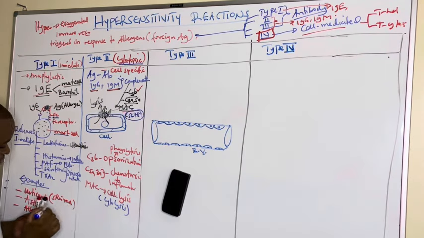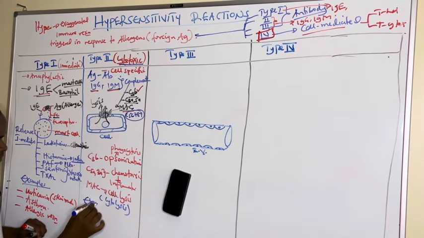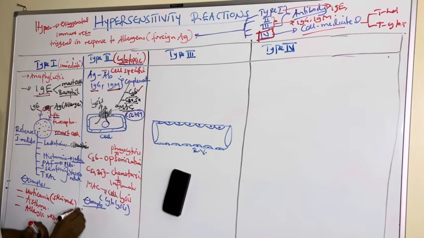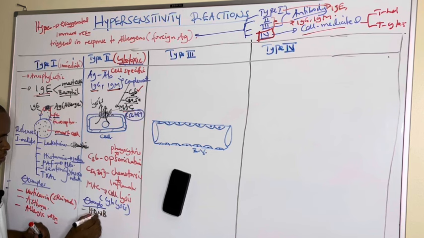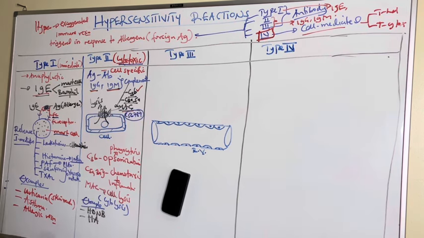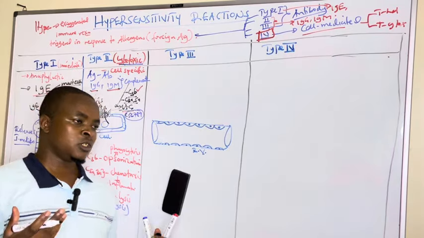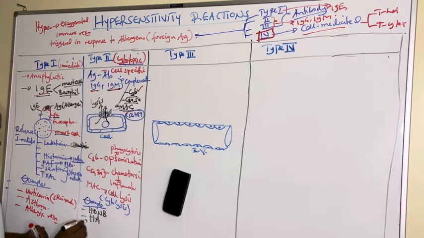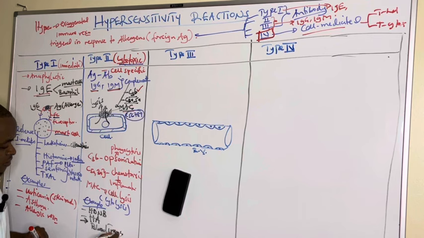Examples of hypersensitivity type 2 include hemolytic disease of the newborn. It includes hemolytic anemias, which are part of type 2 reaction. Another example is blood transfusion reactions.